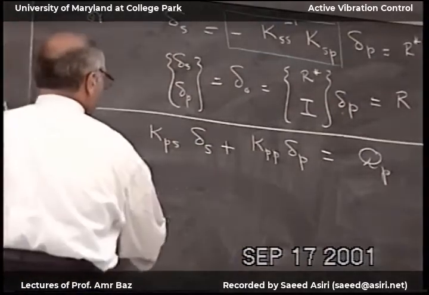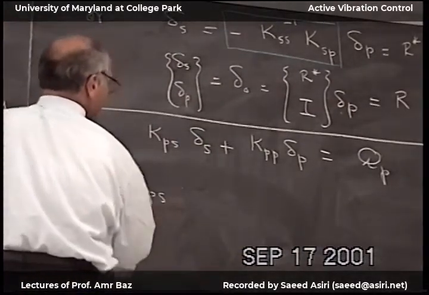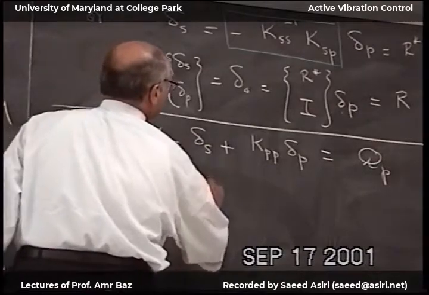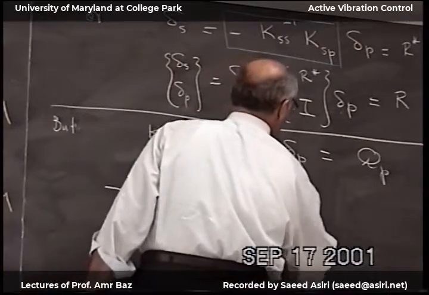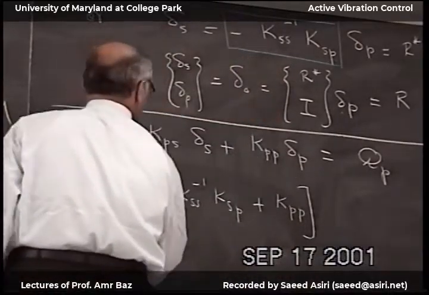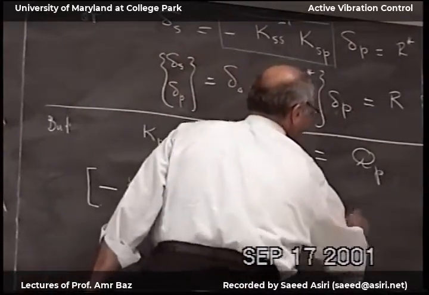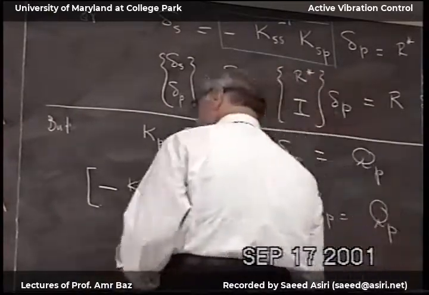So this will be K_PP minus K_PS K_SS inverse K_SP, times delta_P, and this will be my Q_P.